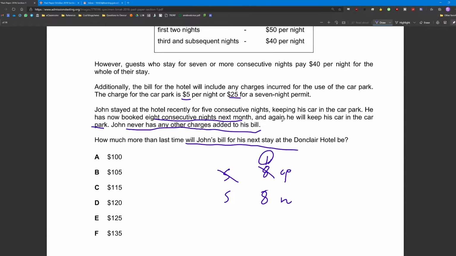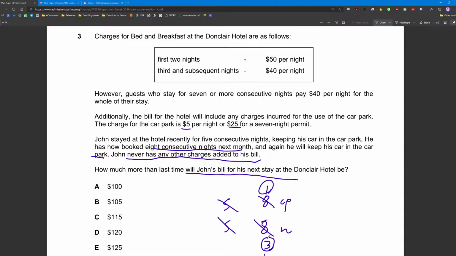So if the first 2 nights are $50 and the third and subsequent nights are $40, that means you can cancel the first 5. He has 3 extra nights and then minus $20 because that's what he gets for staying longer than 7 nights.